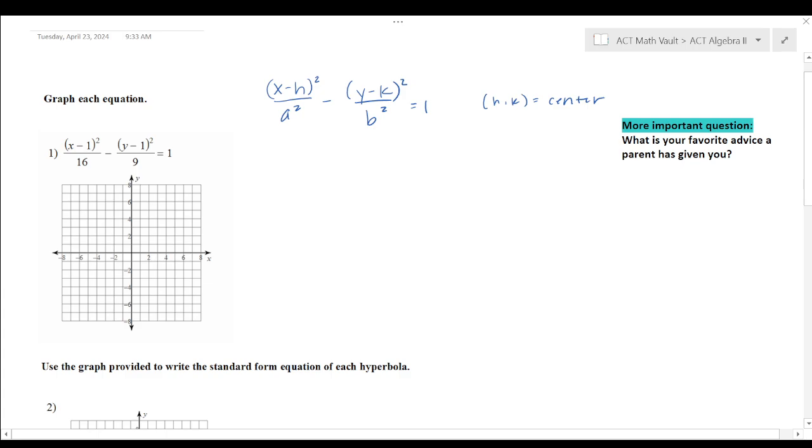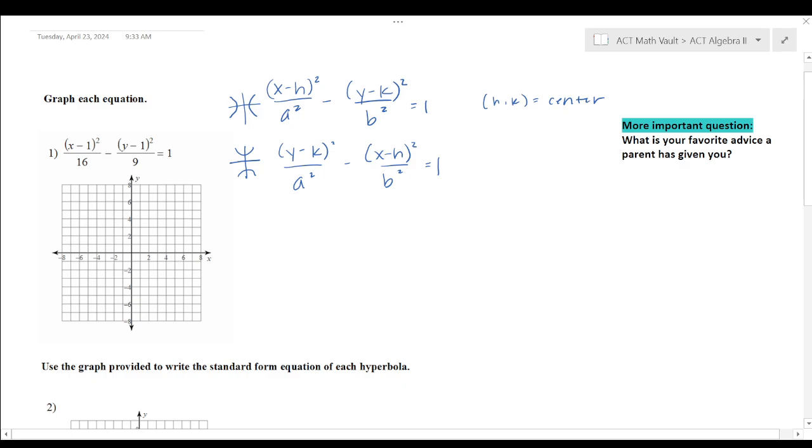If it's in that format, then it's going to look like this, it's going to be opening up left and right. Now, sometimes they do open up and down, and that's when it would be flipped, where you have the y coming first. So notice the h stays with the x though.